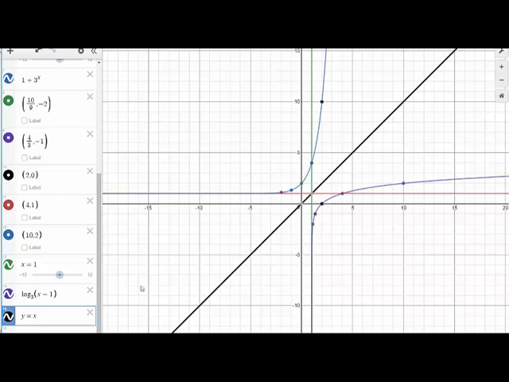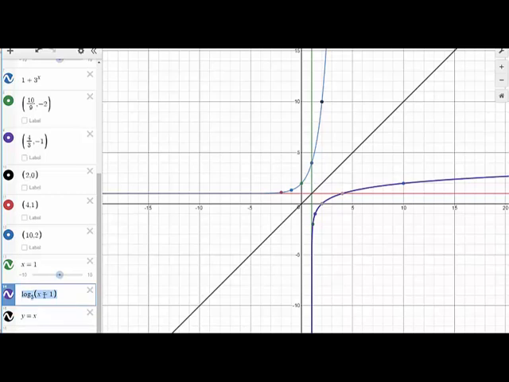Now, in a later presentation we are going to learn how to find the corresponding inverse from the initial function f of x, that is 1 plus 3 to the x. We already discussed that the corresponding inverse is going to be a logarithmic function, and the logarithmic function that we will find is this. For now you don't want to do that.